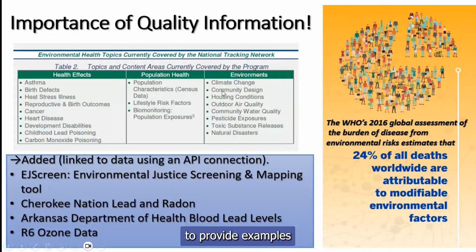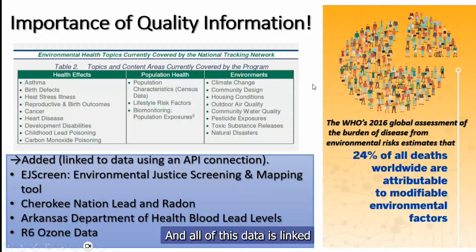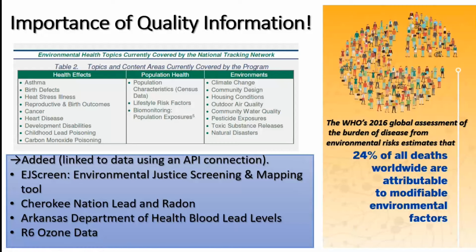To provide examples of the types of data pulled from CDC, there's health effect data such as asthma and cancer, population health data such as lifestyle risk factors, and environmental data such as outdoor air quality and housing conditions. All of this data is linked using an API connection, which means that it's consistently updating in the RED and the SAMI tools, so whenever CDC updates their data, it's updated in RED as well.